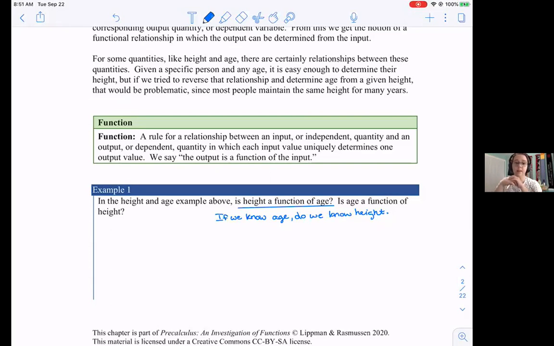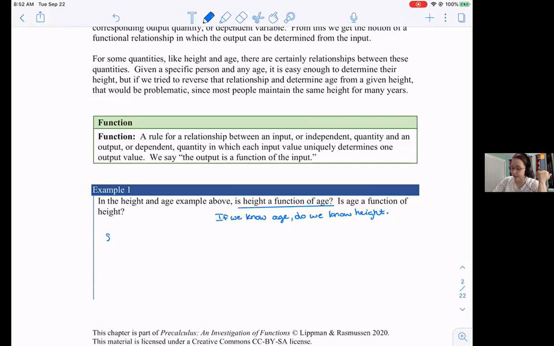So remember, the input cannot repeat, so I can never be the same age twice. For something to be a function, an input cannot repeat. Is the age repeating? Age is not repeating. Output can repeat, so it can be the same height multiple times.